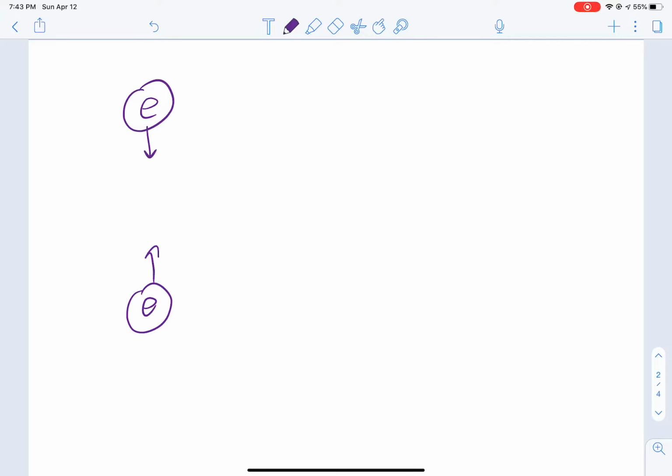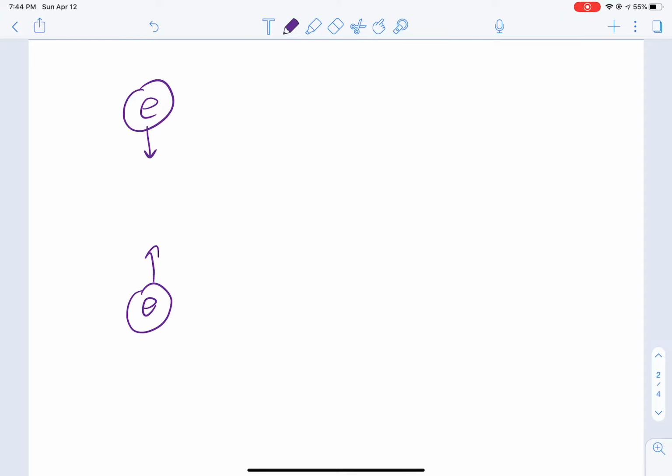And we can do this physics. We can calculate how close they'll get to each other depending on how much energy they have. We can calculate the amount of potential energy they might have at closest approach, whatever. We can do that kind of math.